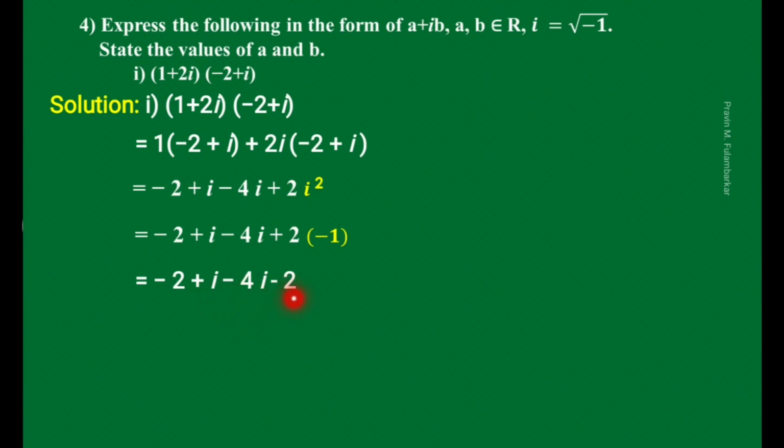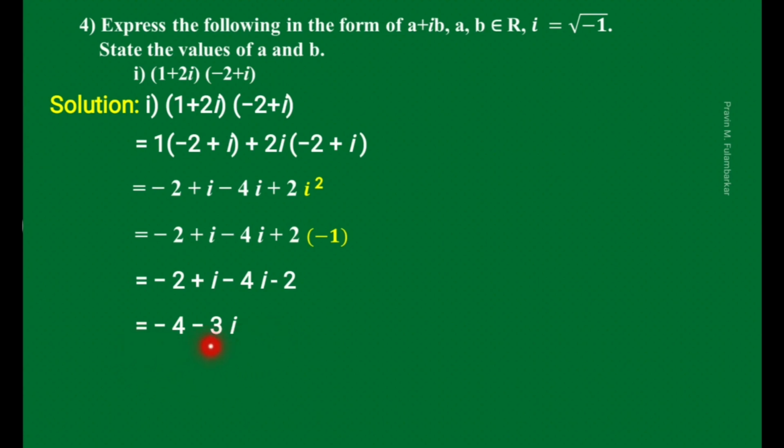Now -2 and 2 are both real parts, so we add real part with real part and imaginary part with imaginary part. So we get -2 minus 4, and i minus 4i, which is -3i. So we simplify that product first, and we get it in the form of a plus ib.